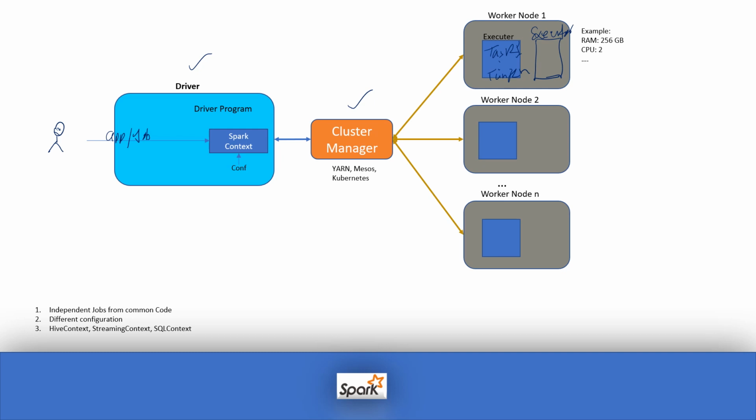It will ask for resources based on how many CPUs and how much memory it is asking for. Based on that, we pass these parameters to the configuration. It will allocate the executor to the driver program. Tasks will run in the executor, and once they complete, the outcome will be shown.